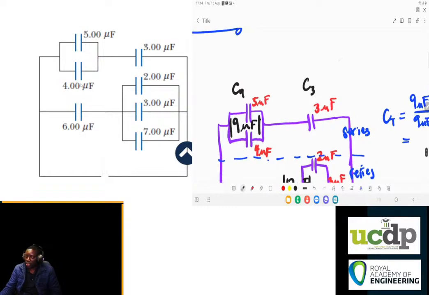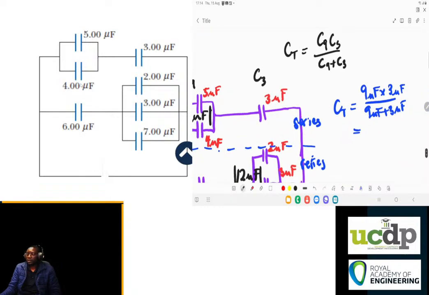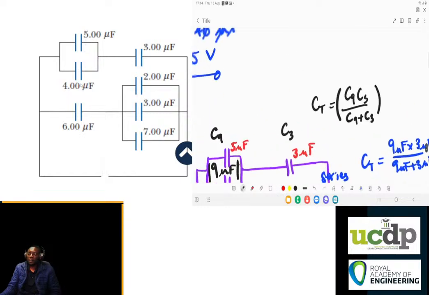The total capacitance there, CT, is C9 multiplied by C3 over C9 plus C3. So that's 9 times 3 over 9 plus 3. If you only have two capacitors in series, you can simply resort to this expression. It gives you the answer directly without the need to do 1 over C9 plus 1 over C3 and inverting. Remember?